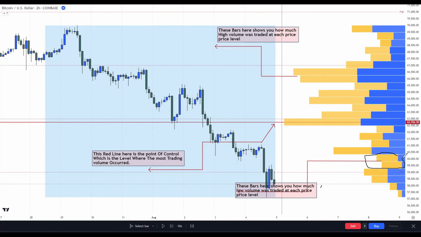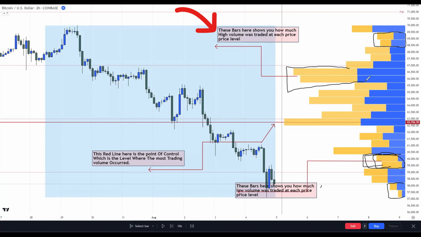These bars here show you how much low volume was traded at each price level. So you have this low volume here and also low volume here. This tells us that we had a very small or low volume traded in the market at this price level.